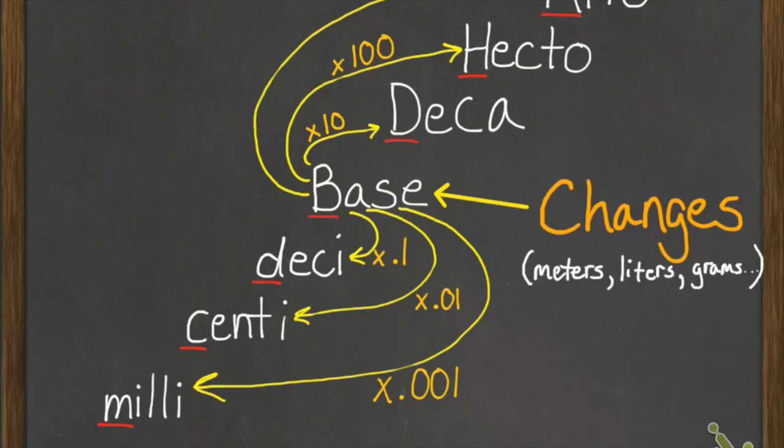That's saying a decaliter would be 10 times larger than a liter. A hectoliter would be 100 times larger than a liter, and a kiloliter would be 1,000 times greater than a liter.